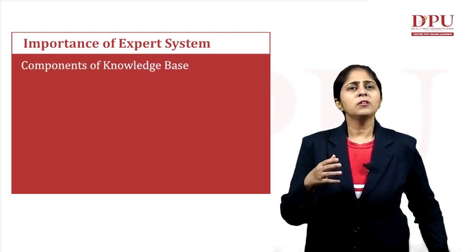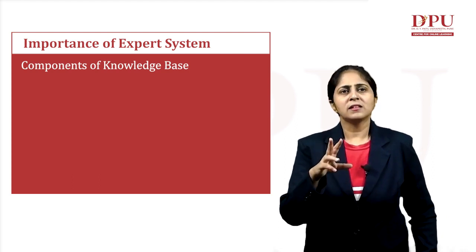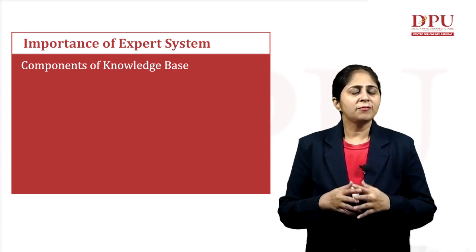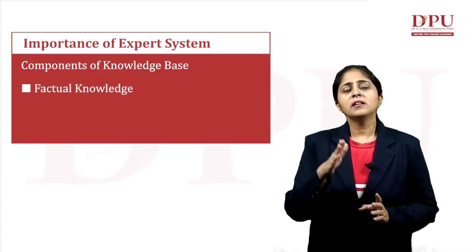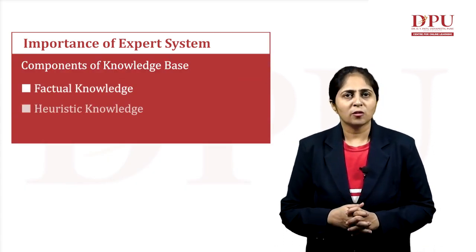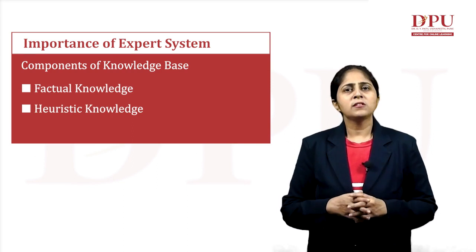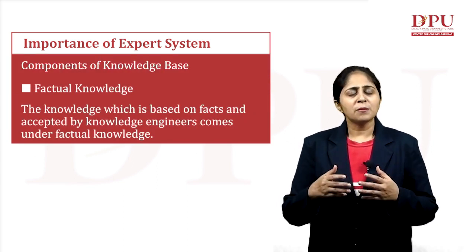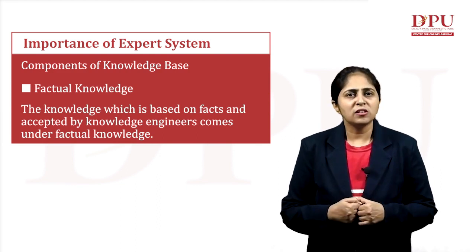Now talking about the knowledge base, there are basically two components of the knowledge base. One is going to be the factual knowledge, another is going to be the heuristic knowledge. Factual knowledge is the knowledge which is based on facts and which is accepted by the knowledge engineers.